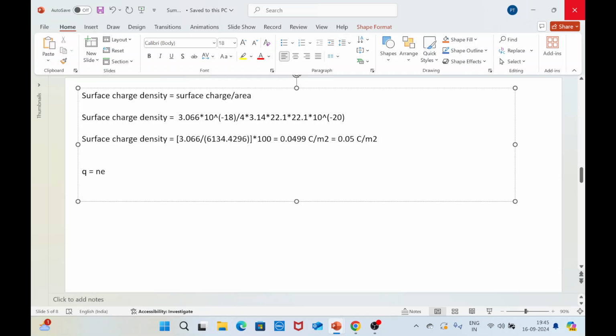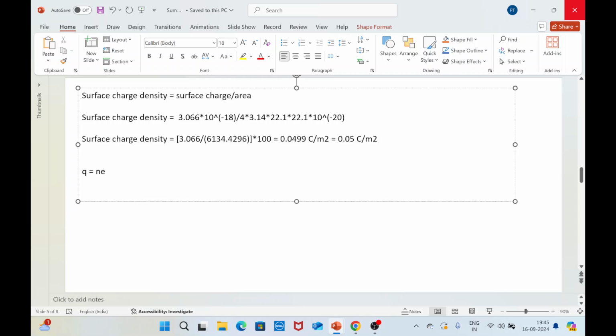So can we write this? The total charge in the molecule divided by the charge of one electron will give the number of charged groups.